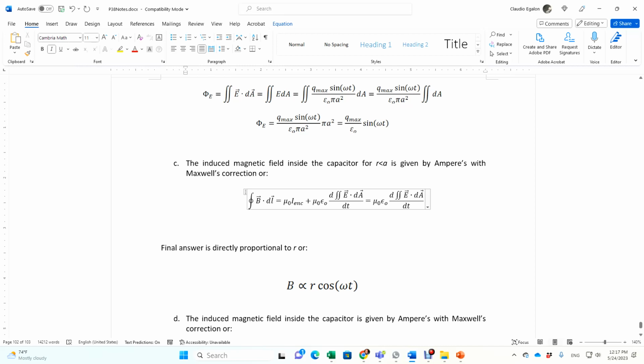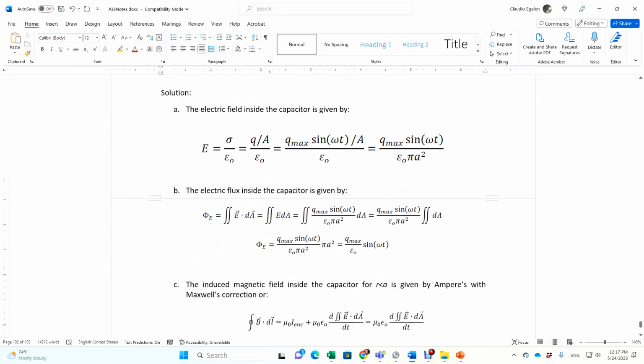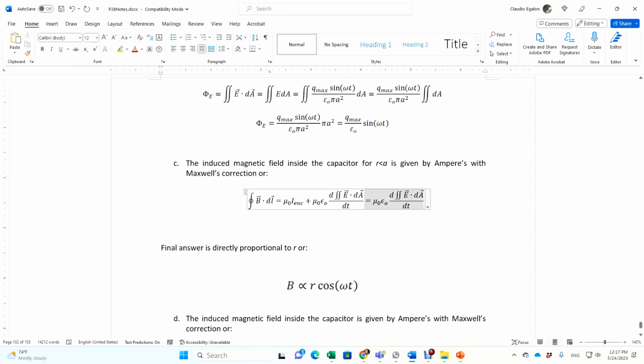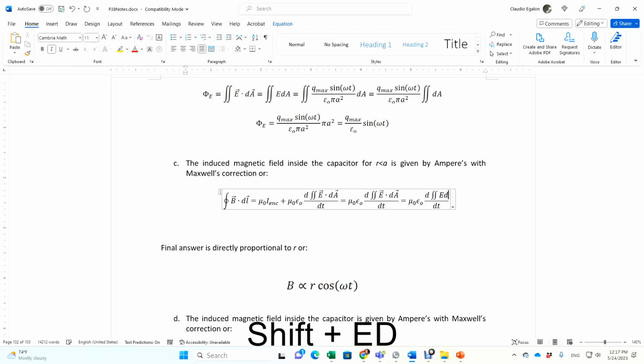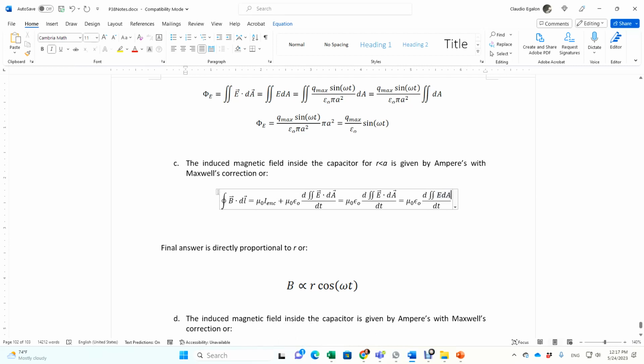Inside the capacitor for r less than a, we are left with this term here that we already know how to calculate, right? And by the way, we did calculate it. Let's go for the next step. Don't forget E dot dA becomes E dA.